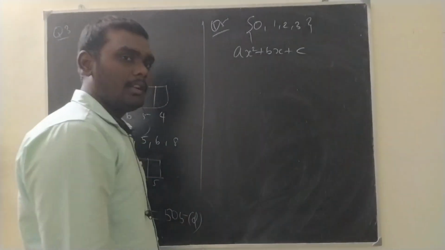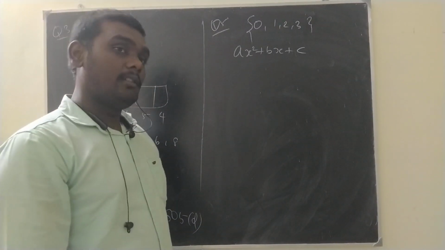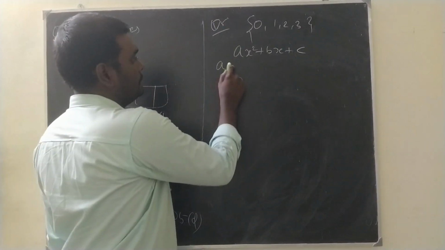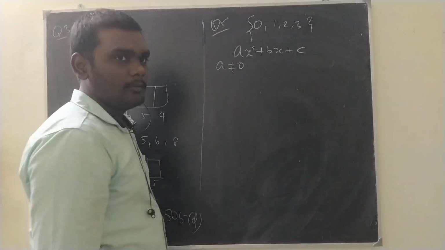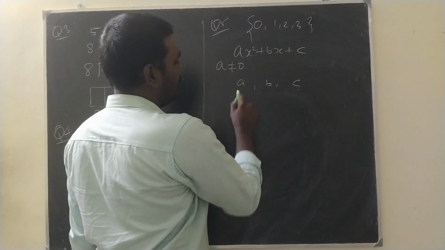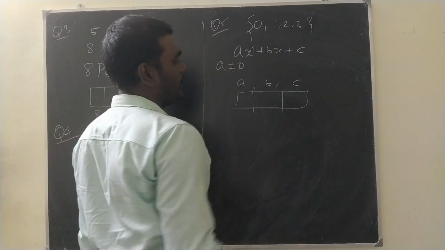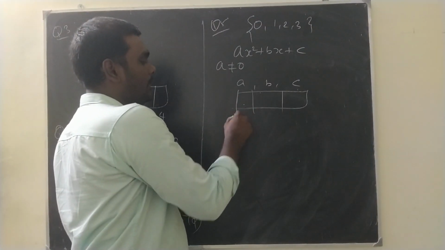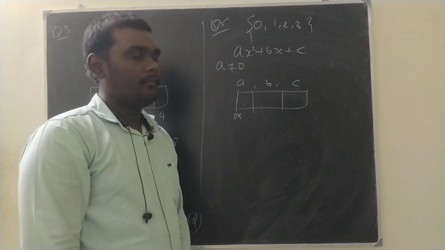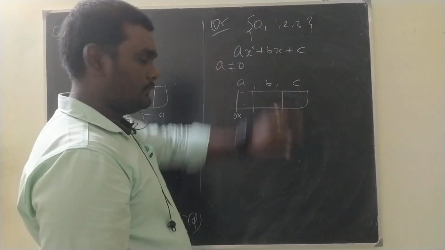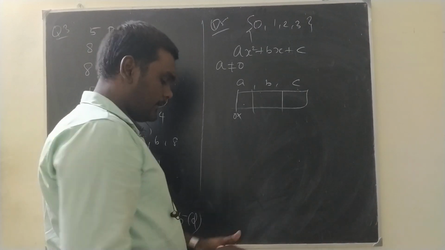In that, there is one condition also: a not equal to 0. So we are going to allot a, b, c from the set. A takes any value except 0. Except 0, how many values are there? So A has 3 chances.